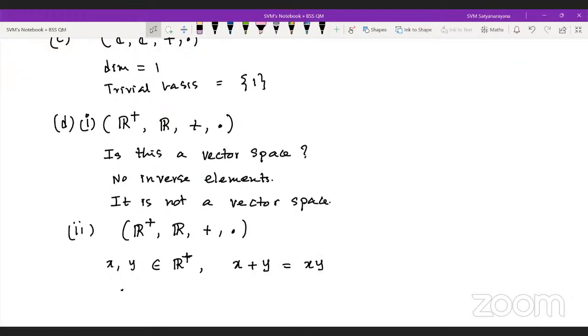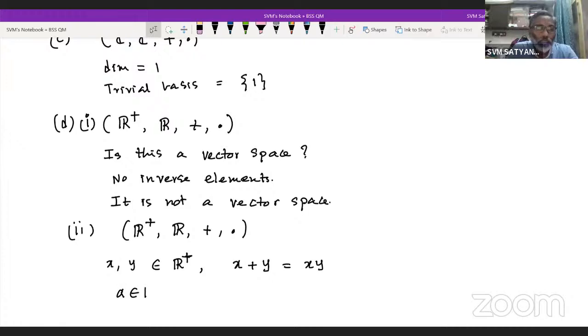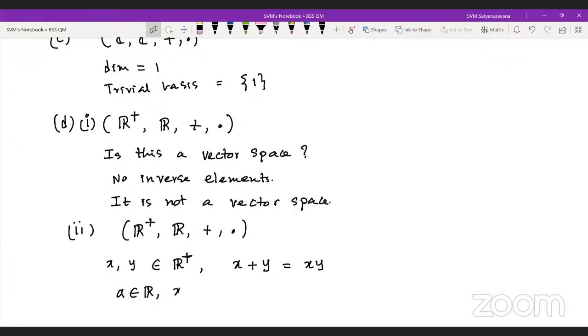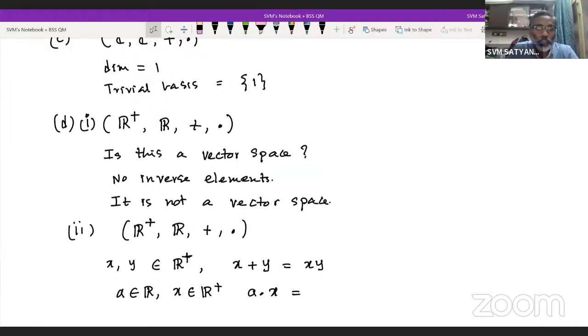And let's say some a is in R and x is in R plus. a dot x, scalar multiplication, is x to the power a.